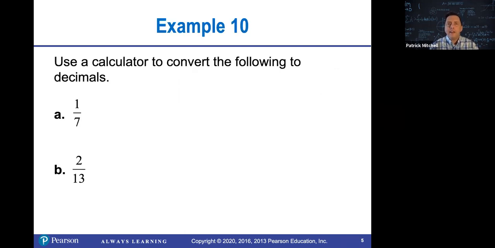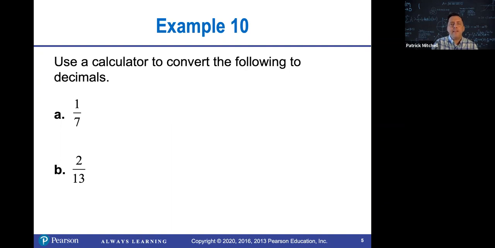In this example, you can use a calculator to convert each of the following to decimals. Now, I have to say that a calculator usually works for doing this, but not always. Your calculator display only holds so many digits, usually about 10. So if the repetend is longer than 10 digits, then this method doesn't work.